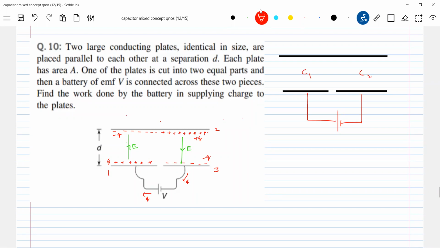If I don't give this gap, or if I break up here, same problem. If I give a gap, not possible. What about here? Because the other plate is isolated, no? Nowhere can we say anything about flow of charge. Charge induction will occur at this particular point.